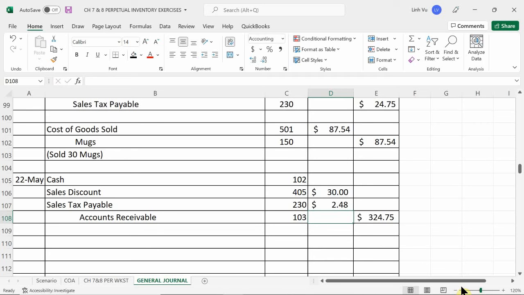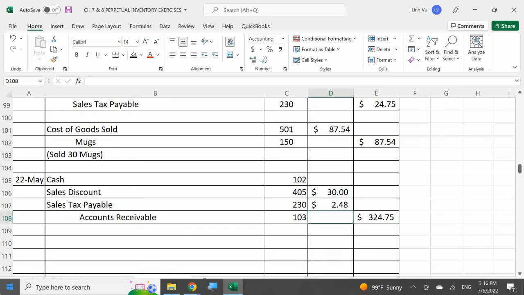So how much is customer B actually going to give me after taking the discount? $324.75 minus $30 minus $2.48 is $292.27. Yes, that's what I got too.